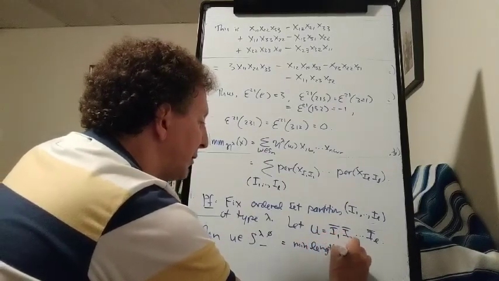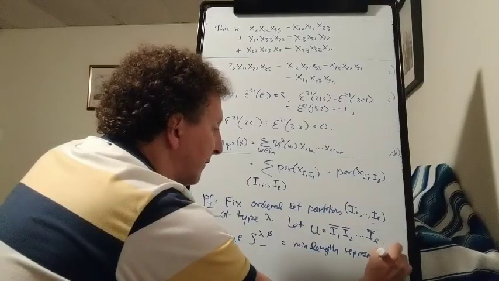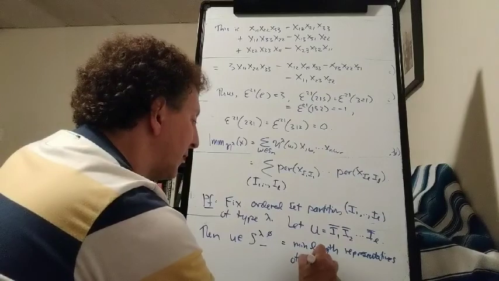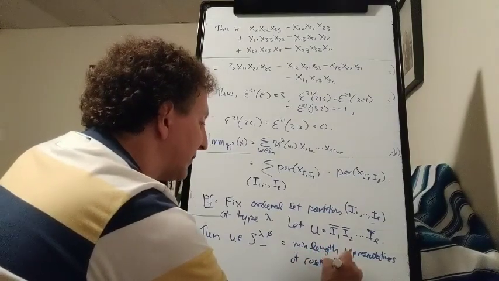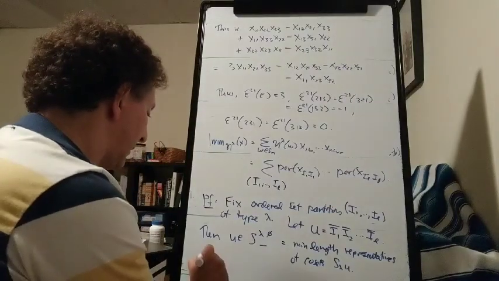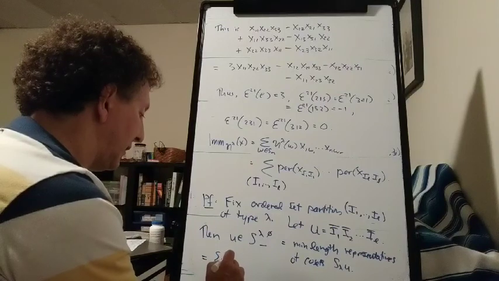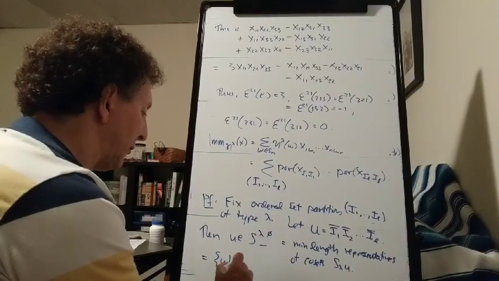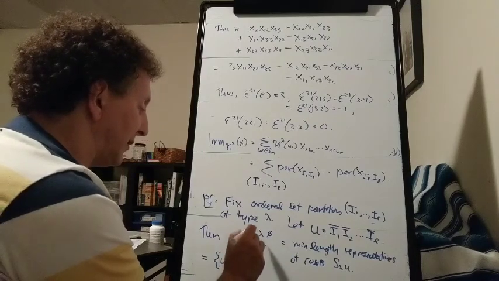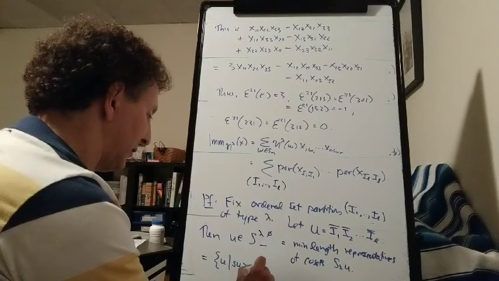So these are the minimum length representatives of cosets S lambda U. That is, these are all the permutations U such that if you multiply by an element of the Young subgroup, you go up in the Bruhat order.